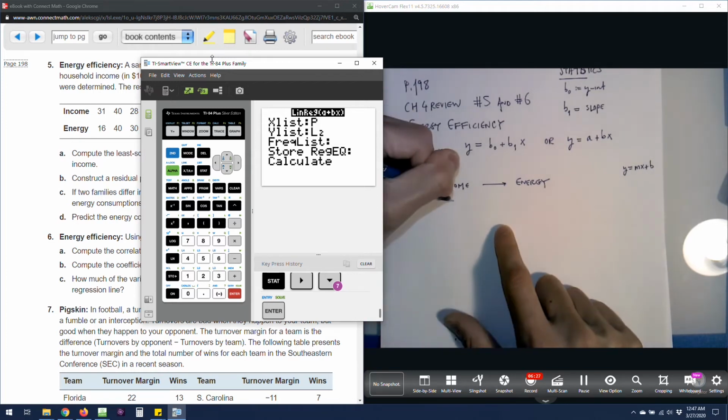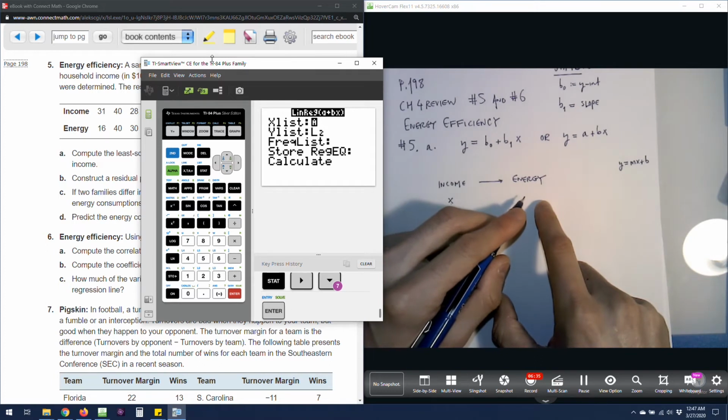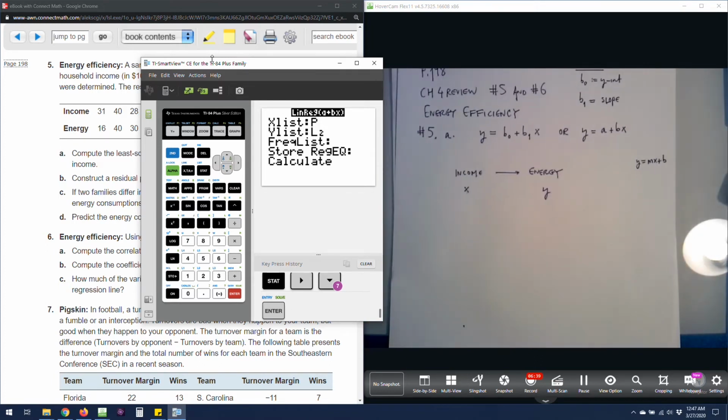So income is going to be our explanatory variable, our predictor variable, and energy is the response, the outcome. Just to remind yourselves, we have all these words that mean the same thing.